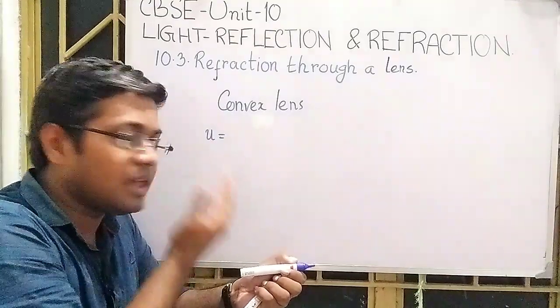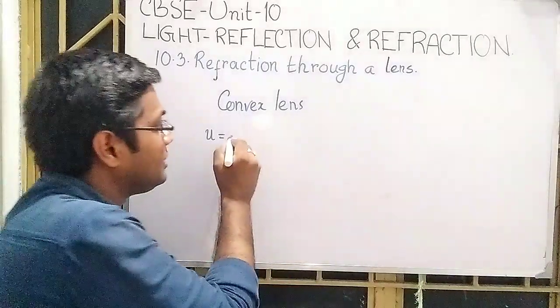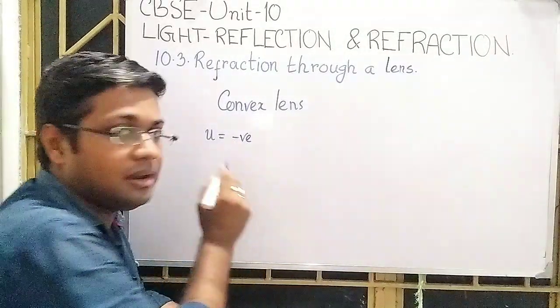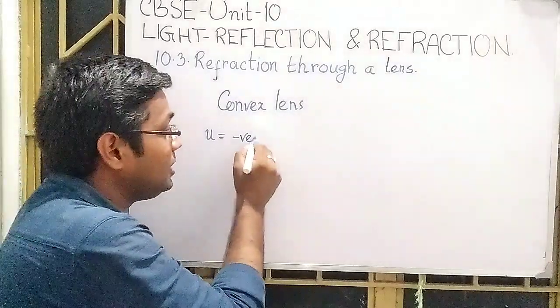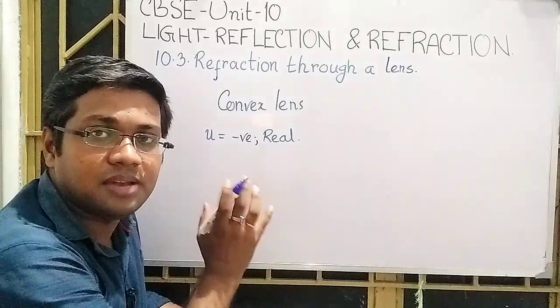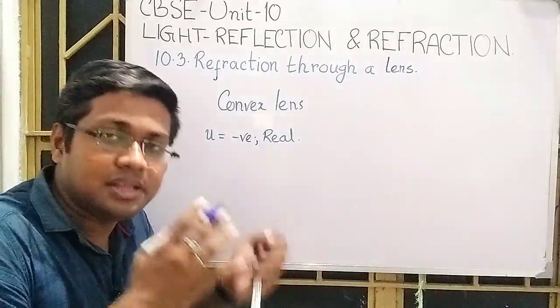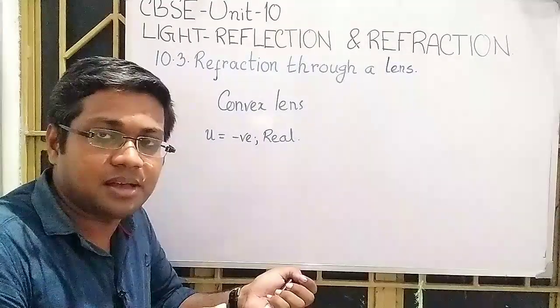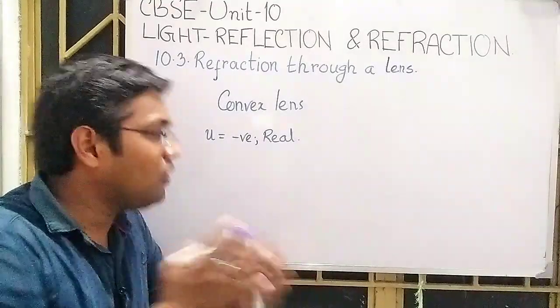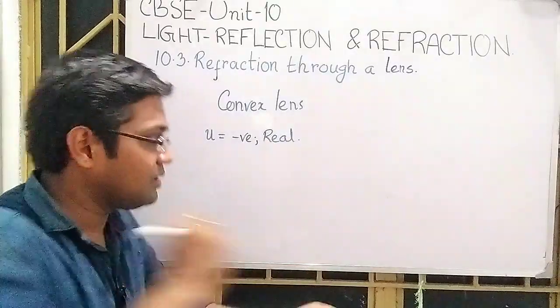Here it is the convex lens. So U is always negative, and it is negative on one condition: the object is a real one. That is, from that particular object either a parallel beam of rays is coming or diverging rays are coming.